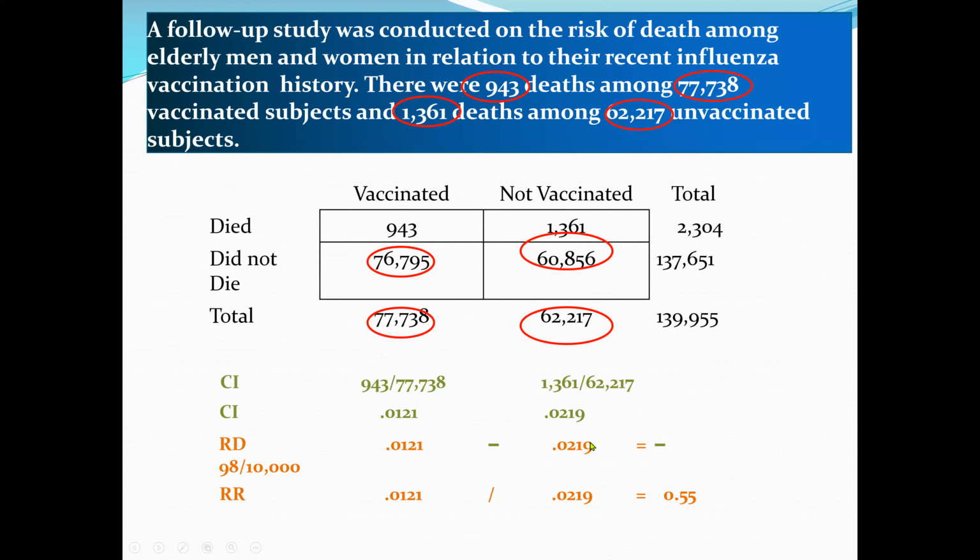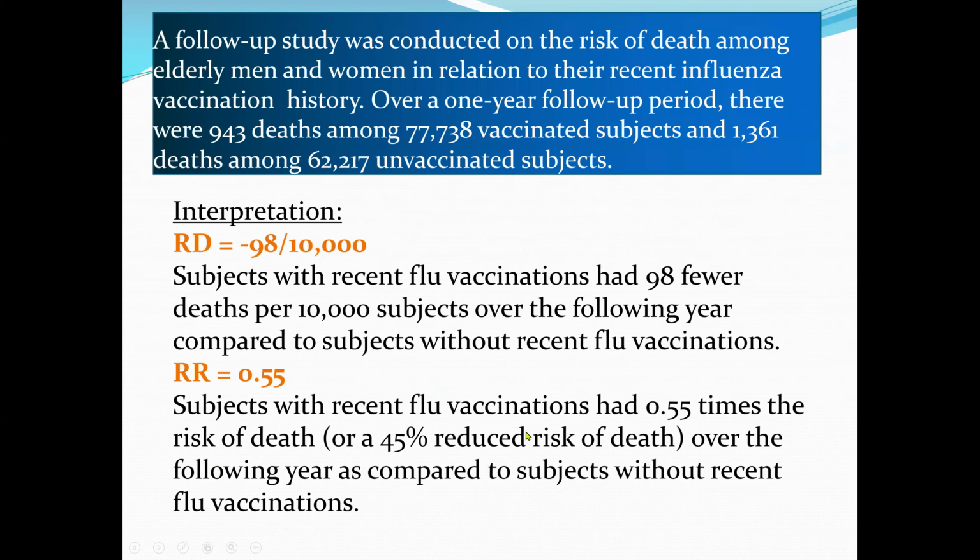If we find the difference of the two, we get the risk difference, the absolute measure of association. When we find the relative risk, we are doing the relative measurement of the association. Here we get our answer to be 0.55.